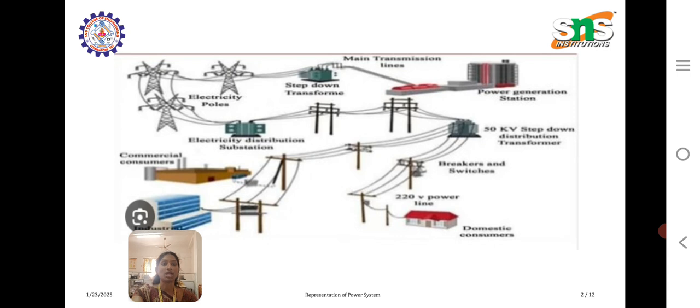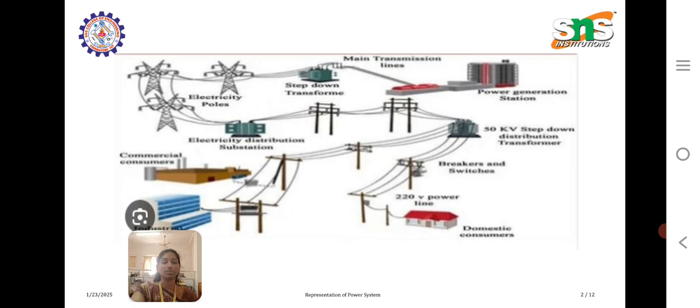From there it is transferred to the main transmission line, where a step down transformer is used, and from that step down transformer it is transferred to the substation through transmission lines, which are also called electricity poles. From that substation we can again step down to a 50 kV distribution transformer, and from that distribution transformer we will have two types of end users. One is commercial end user and another one is domestic.